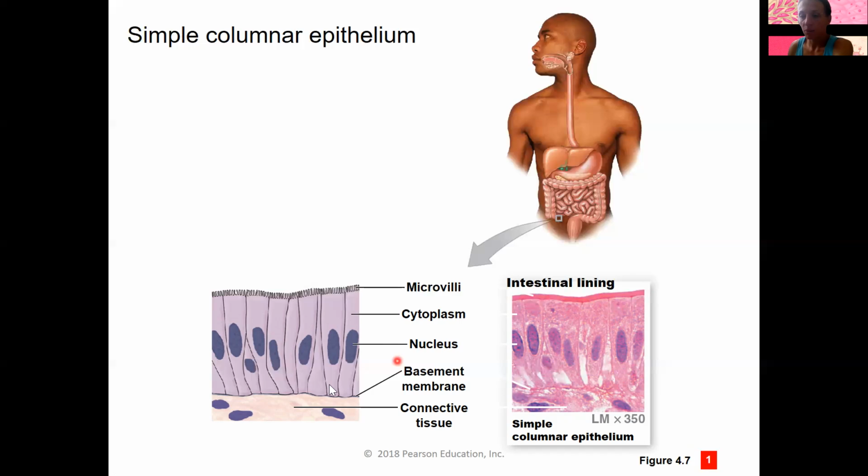In this case, these microvilli are designed to increase surface area for absorption. The intestine is designed for absorption. These cells are good at absorbing because they've got a large surface area. And then down here would be the basement membrane. The nutrients would go into the bloodstream from here.